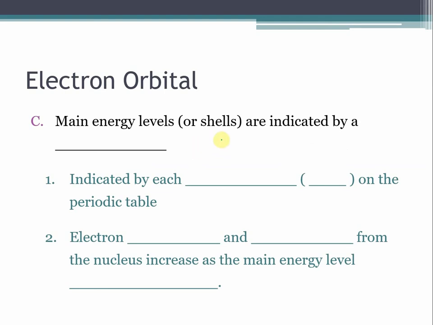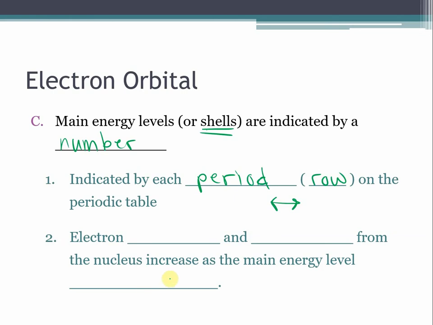The main energy levels, sometimes also called shells, are indicated by a number. And that number comes from the periodic table. It's indicated by each period, or each row on the table. Those are the left and right ones.